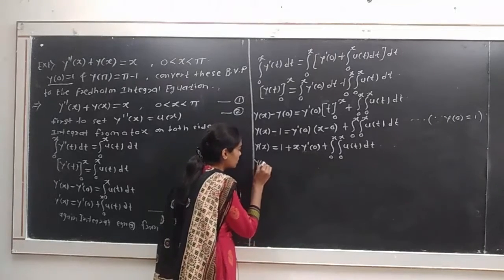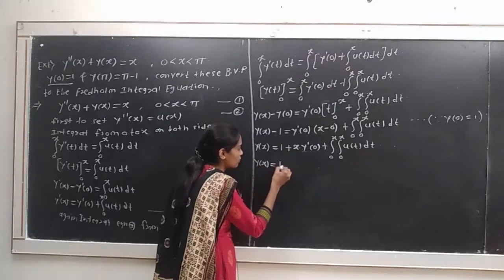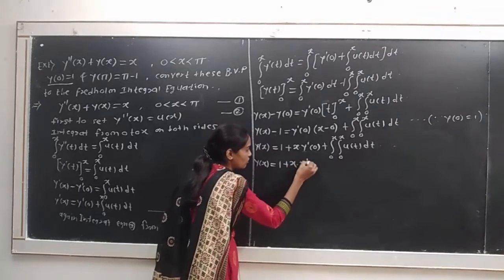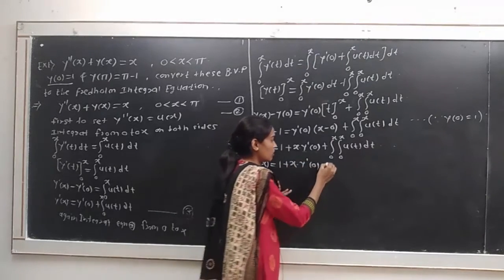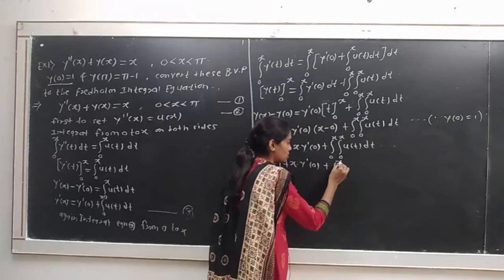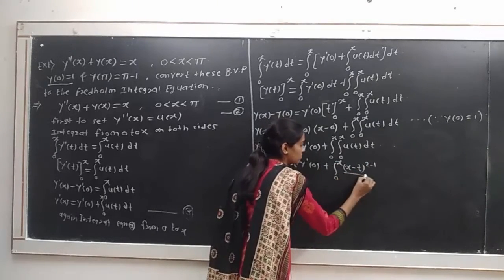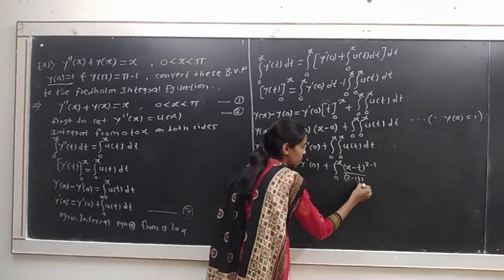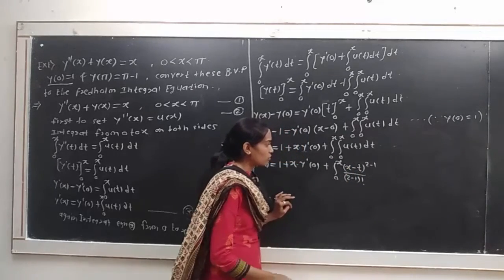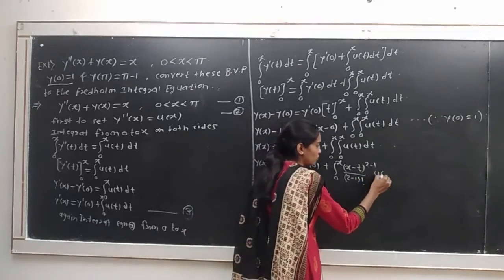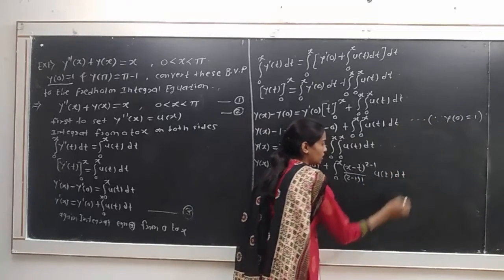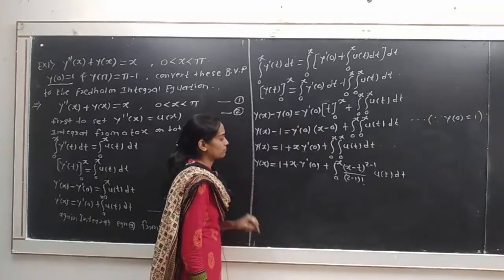Then by using that formula, y of x is equal to 1 plus x into y dash of 0 plus integral from 0 to x of (x minus t) raised to 2 minus 1 divided by (2 minus 1) factorial, for n is equal to 2, into u of t dt, by using the conversion formula.